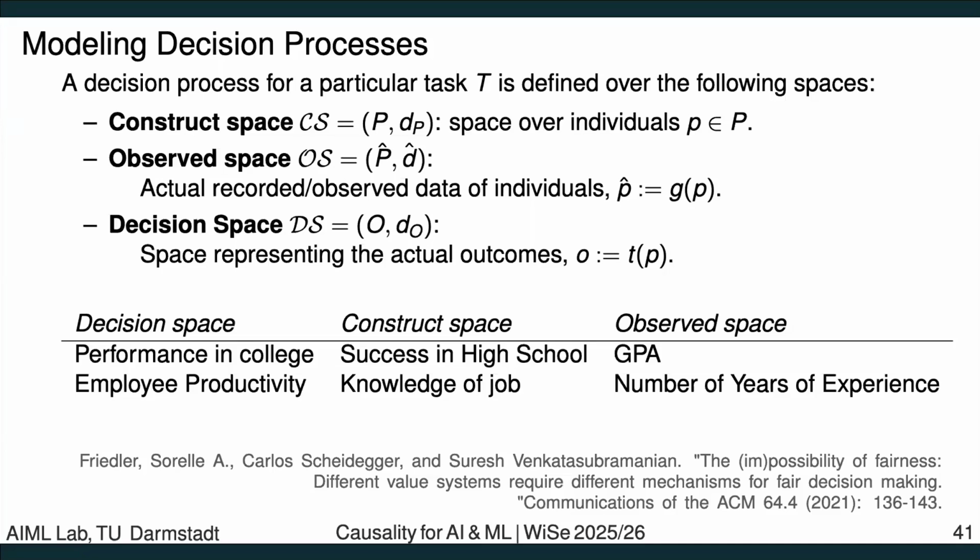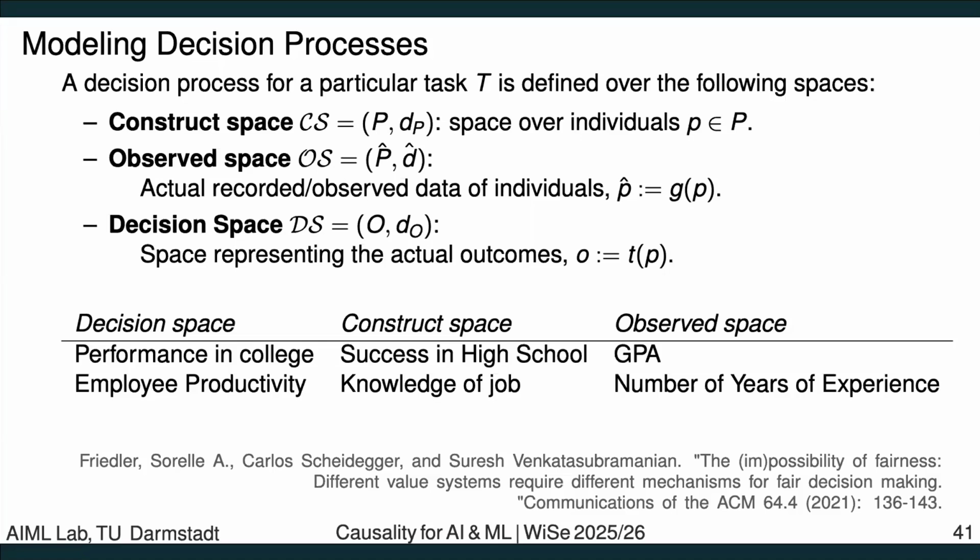Again, there is always this difference between the construct and the observed space. So what we really would like to take a decision over and the actual data that we have access to. And it's really up to an expert or you as a designer of this study or experiment to really think about it.